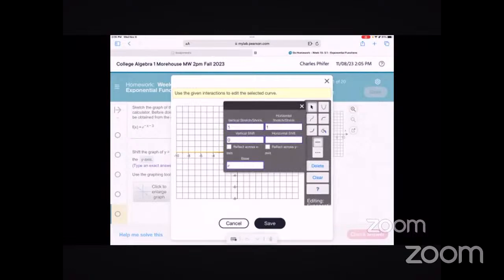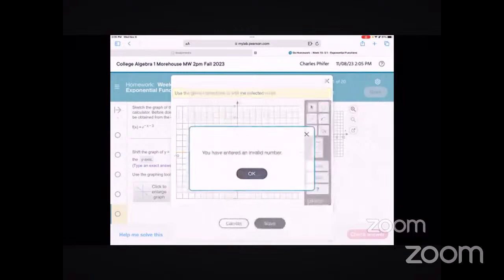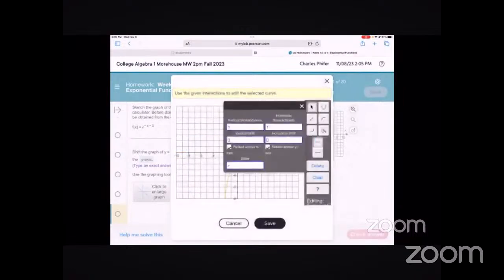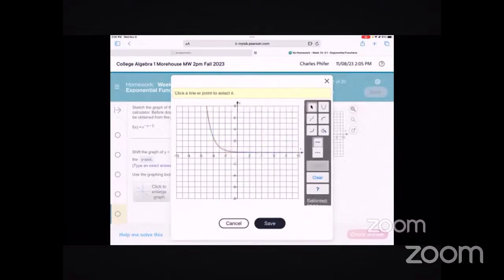Or I guess what we can do is reflect over the y and then just move it left by 3, and that'll have the same effect. Again, just choose a couple of test points to make sure you're in the proper location. But this is what we should have.